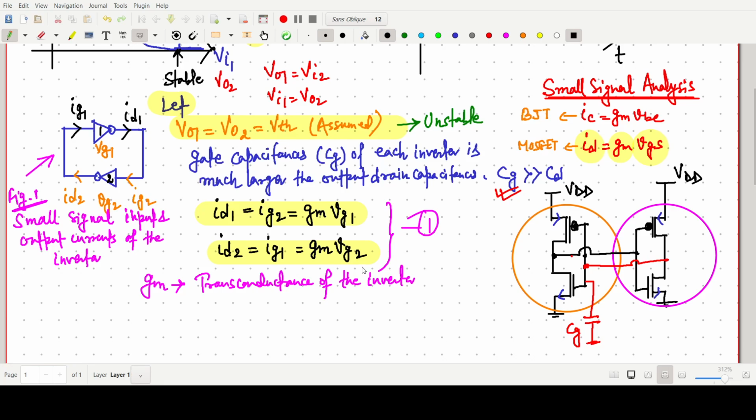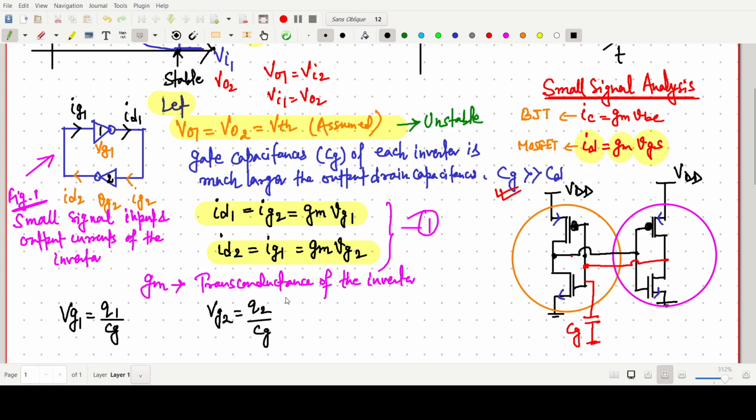Now one more thing: the gate voltages of both the inverters, Vg1 and Vg2, can be written in terms of charge, like Q1 by Cg and Q2 by Cg.